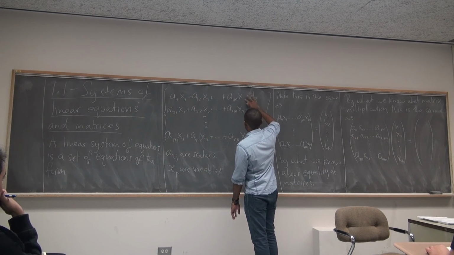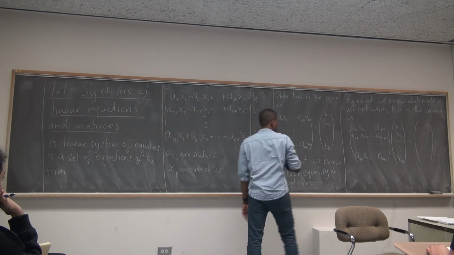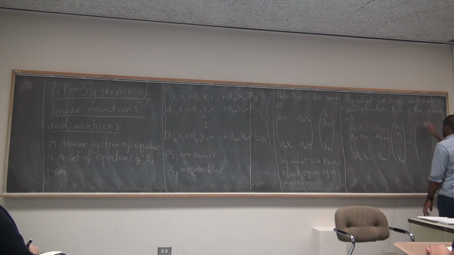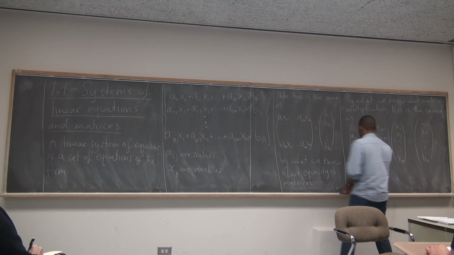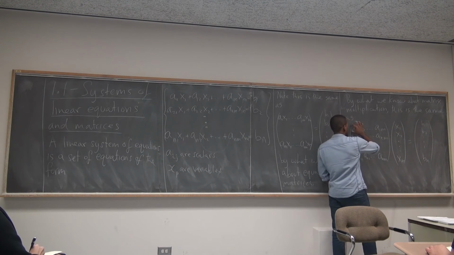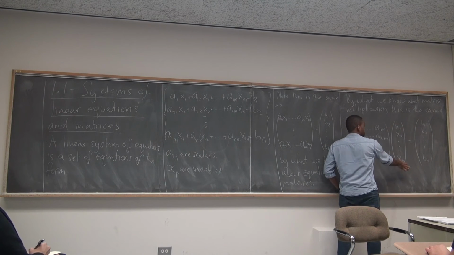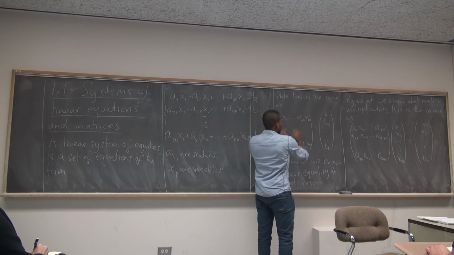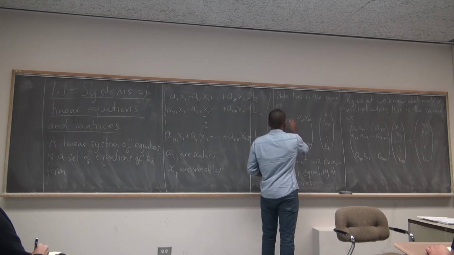By the rules of matrix multiplication, if you multiply this by that, you take a dot product, which is just a combination of the products of corresponding entries, and you end up with this.